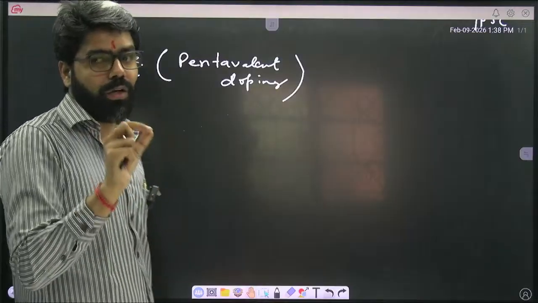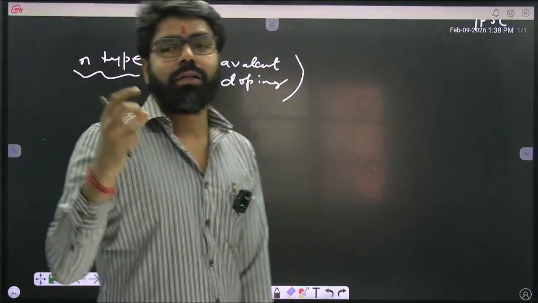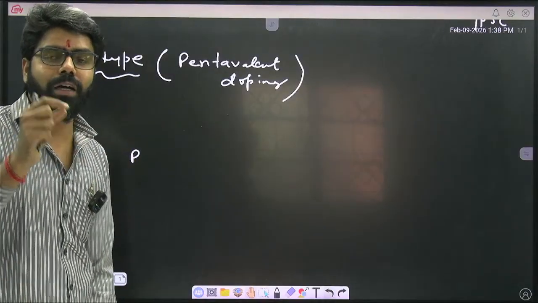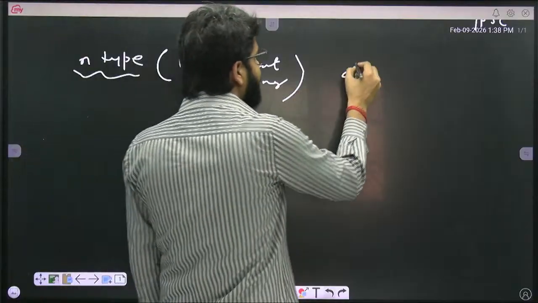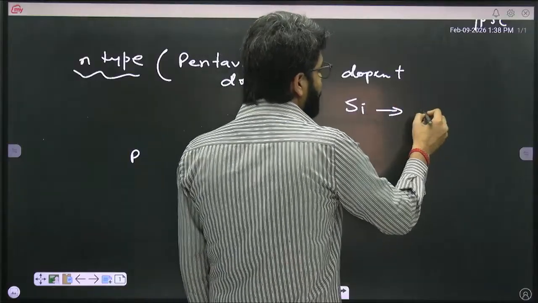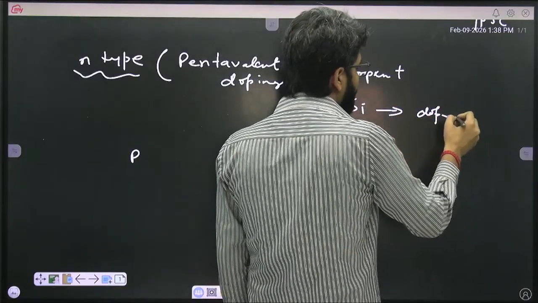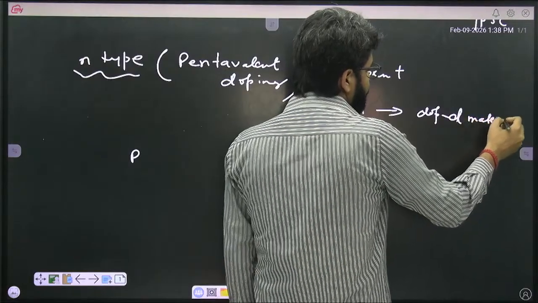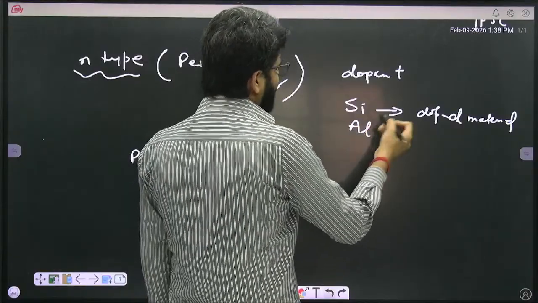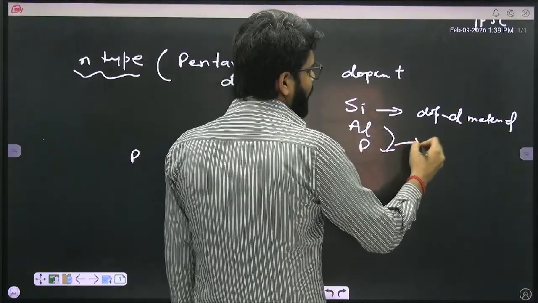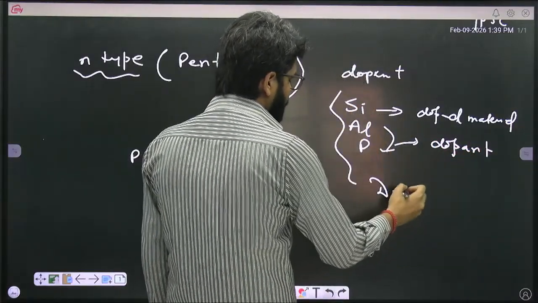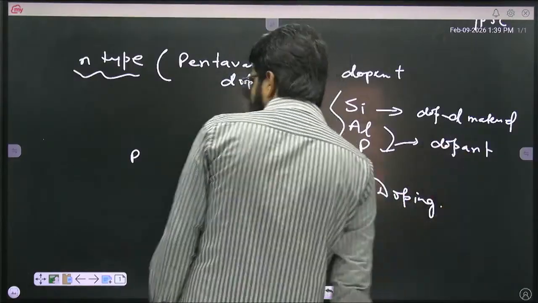The semiconductor used is called the doped material, and the atoms used to dope are called the dopant, D-O-P-A-N-T. For example, if silicon is doped, silicon is the doped material, and aluminum or phosphorus is the dopant. The whole process is doping.